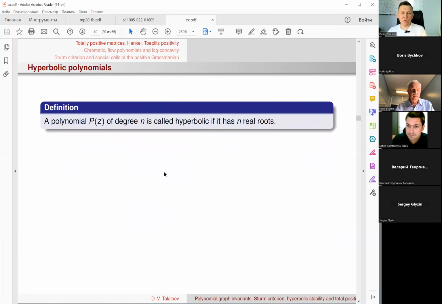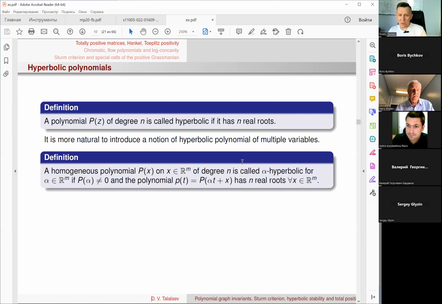Just a few words about hyperbolic polynomials. Definition: a polynomial p of z of degree n is called a hyperbolic real polynomial, with real coefficients, if it has n real roots. It is more natural to work with hyperbolic polynomials of multiple variables.